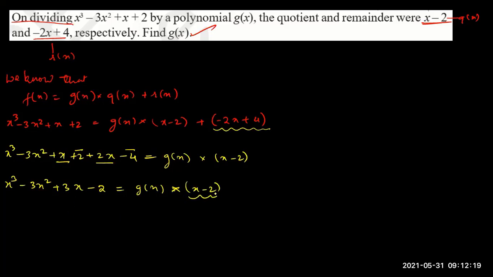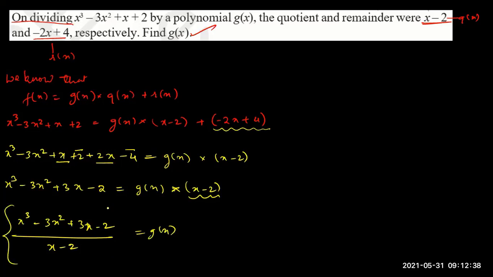Now this x minus 2 is multiplying with g of x, then again you bring it to LHS. x cube minus 3x square plus 3x minus 2 divided by x minus 2 is equal to g of x. Now you do the division in this case.